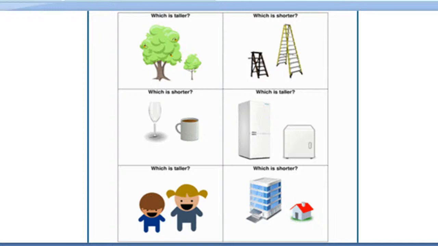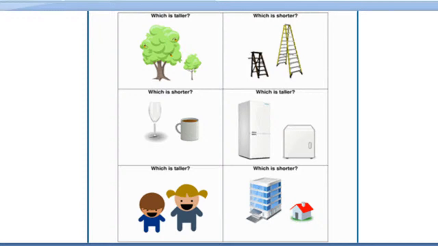Now, after the second picture, let's come to the third picture. A little down, there are two children. Who is going to tell me who is the taller one? Very good. Ayushman has written the right one is the taller one. The right child, which is at the right side, is the taller one.